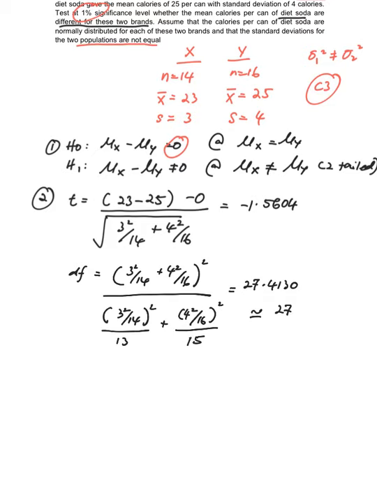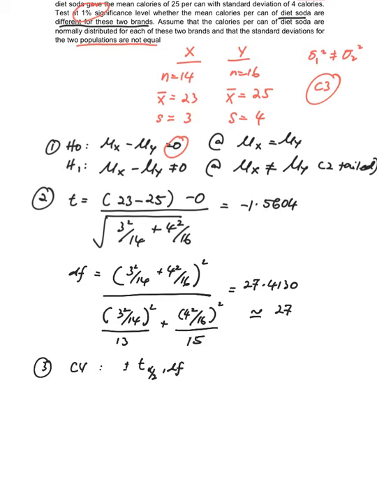Okay, now step number 3. State the critical value. So our critical value, since this one is two-tailed, so it should be plus minus T alpha over 2, df.